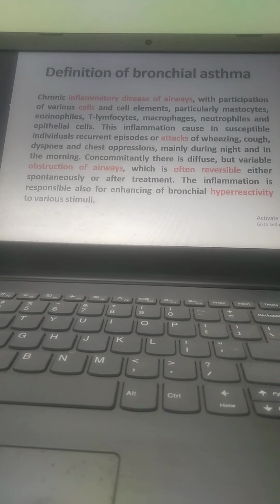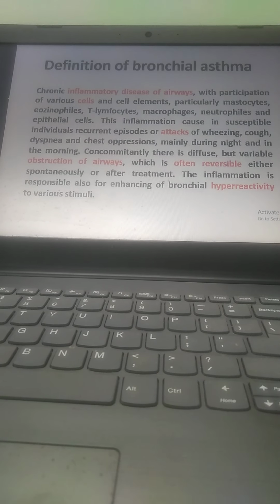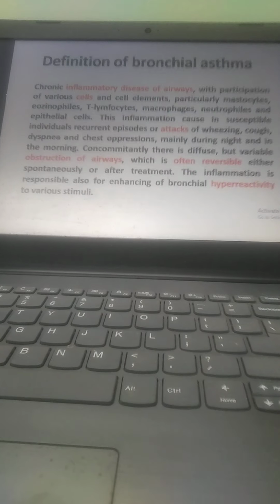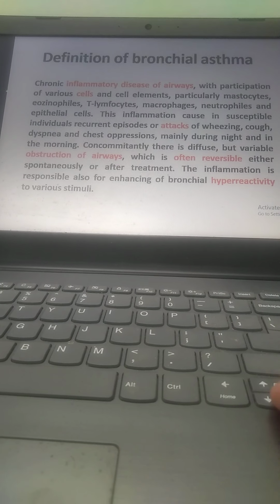Concomitantly, there is a diffuse but variable obstruction of the airways, which is often reversible either spontaneously or after treatment. The inflammation is also responsible for enhancing bronchial hyperreactivity to various stimuli.